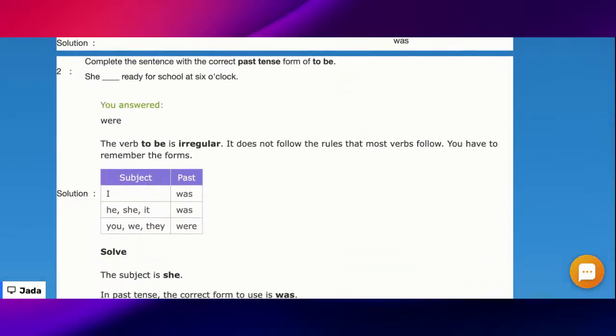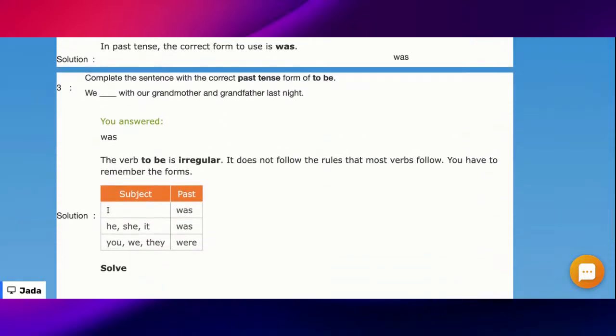She dash ready for school at 6 o'clock. So she was ready for school at 6 o'clock. All right.